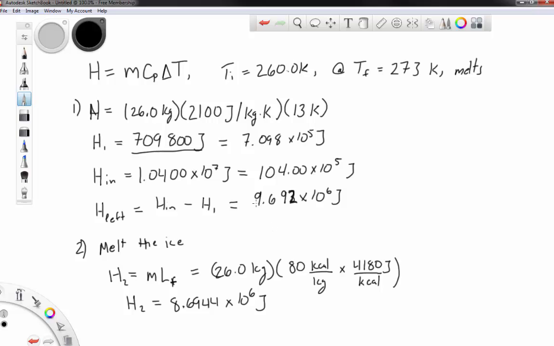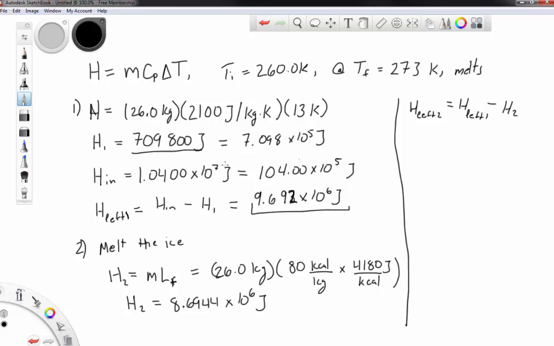We're going to be subtracting that from the amount of heat that we had left over from the previous stage. So at this point, the heat left from stage 2 is the heat left from stage 1, which is this guy here, minus the heat used in stage 2.